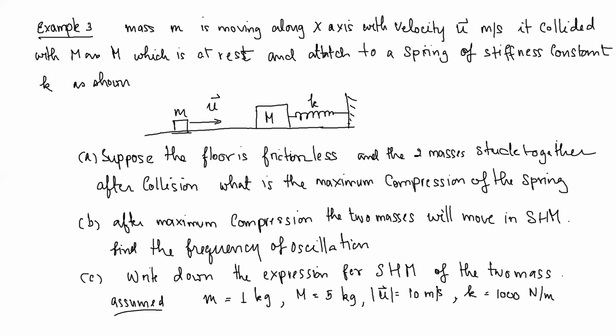So we are talking about collision in one dimension, conservation of momentum. After the first mass collides with the second one, they are stuck together. The velocity of the total system is going to reduce, according to conservation of momentum.